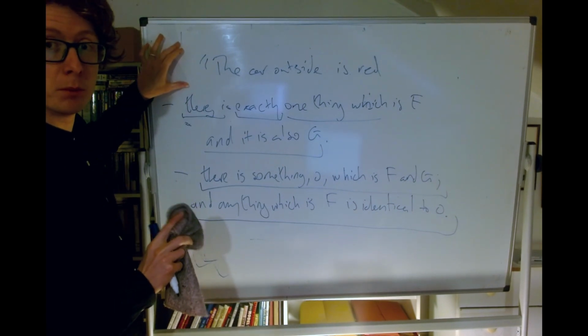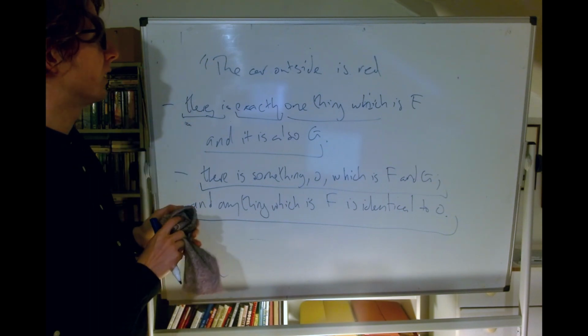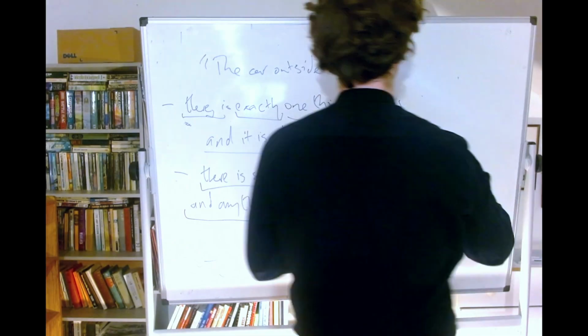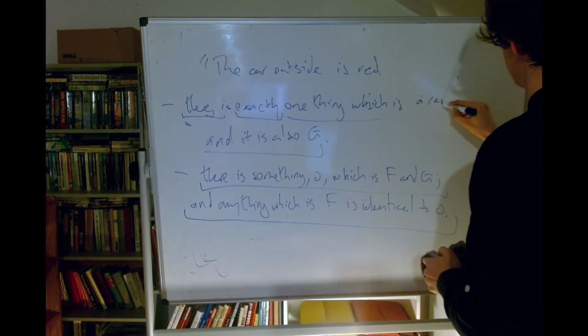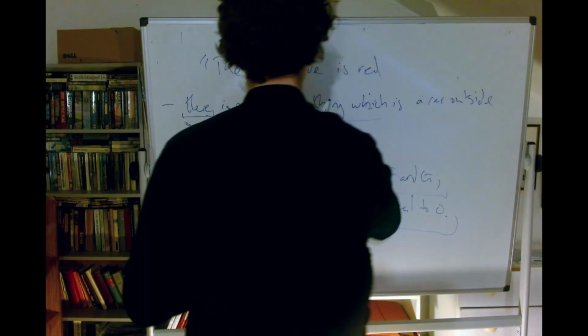What does that say on my formulation, according to Russell? It says there's exactly one thing, which is a car outside. And that thing is also red.